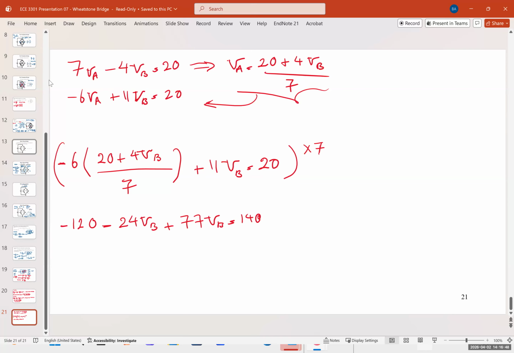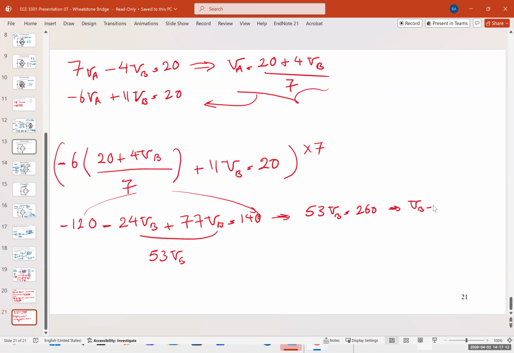And negative 24 plus 77 gives us 53 VB. And I'm moving 120 to the other side, gives us 260. So 53 VB is going to be equal to 260.